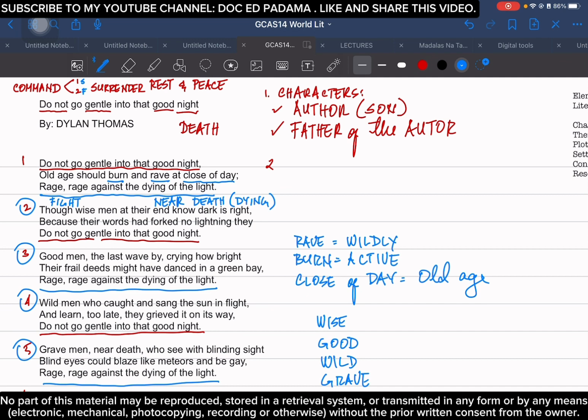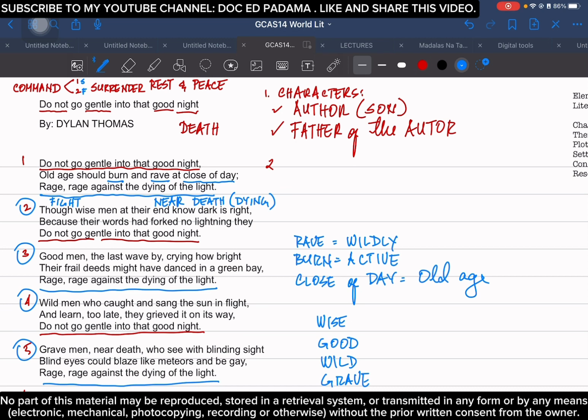We are just going to present the equivalent meaning of the following men, because if we're going to look at the pattern that was used in the conversation, Dylan Thomas is using these types of men to convince his father not to give in to that.